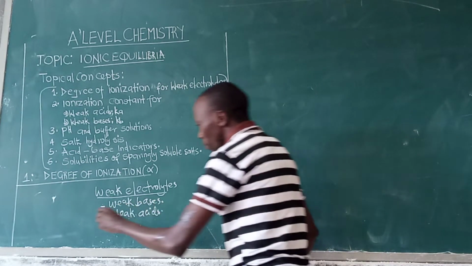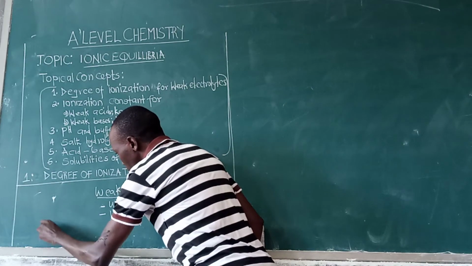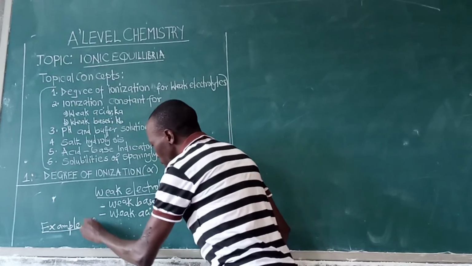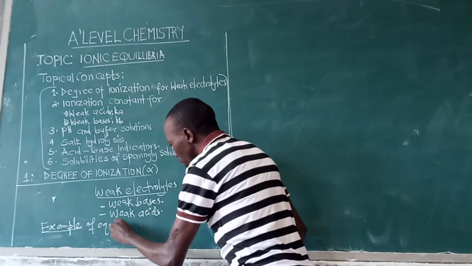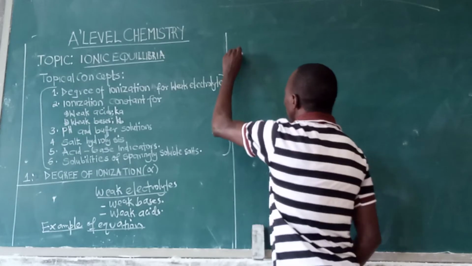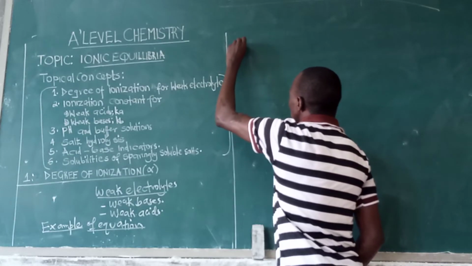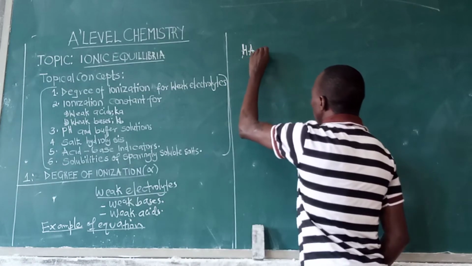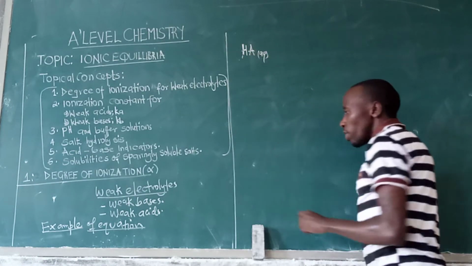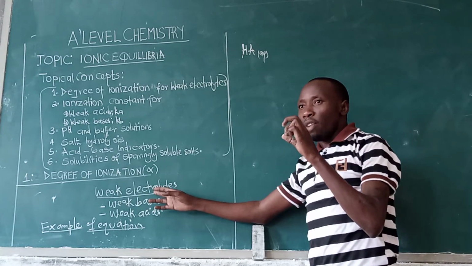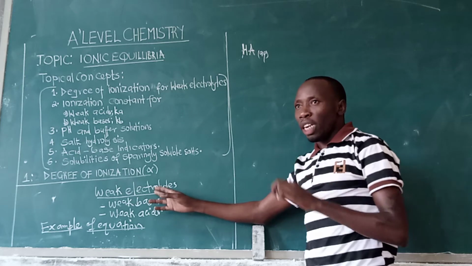So we have an example of an equation that we are yet to look at. For example, here we come up with an acid of this kind, and for weak electrolytes there must be a high affinity or maximum dilution.